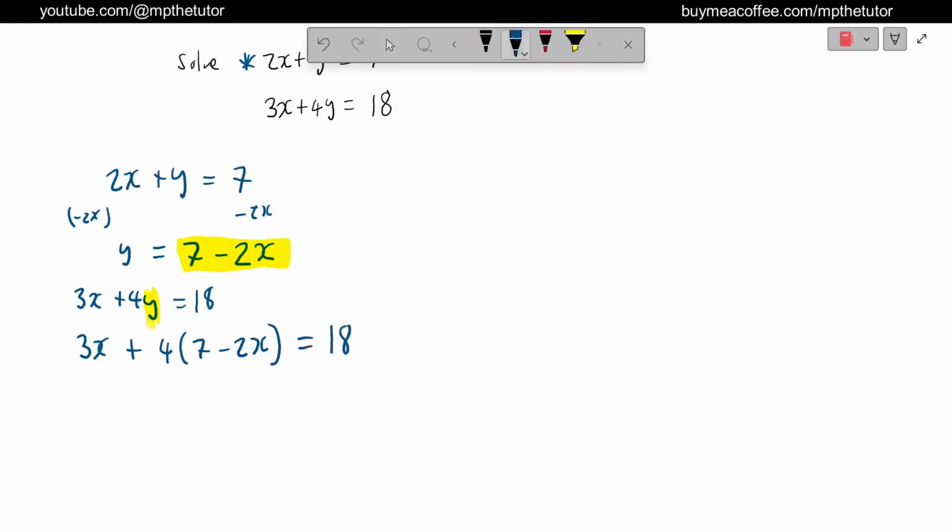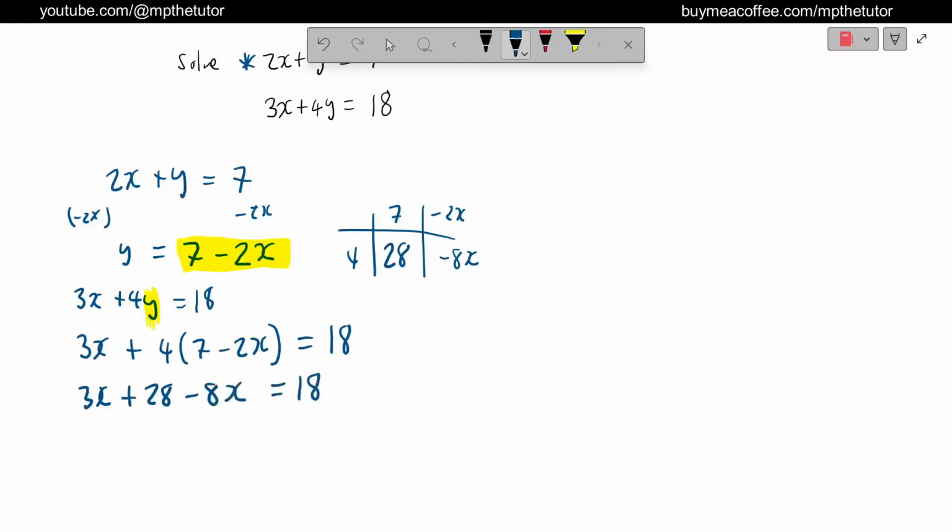Now we're going to expand that out. You could use the grid way, or however you like. So if you went grid, you went 4 and 7 minus 2x. 7 times 4 is 28. 4 times minus 2x is minus 8x. So we end up with 3x plus 28 minus 8x equals 18.